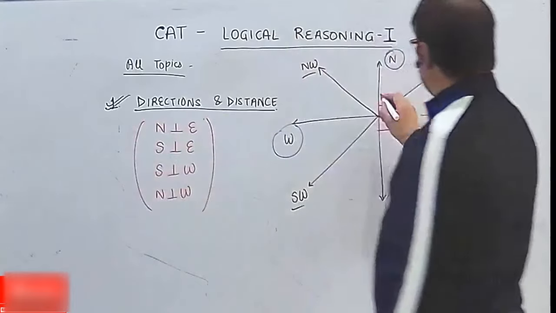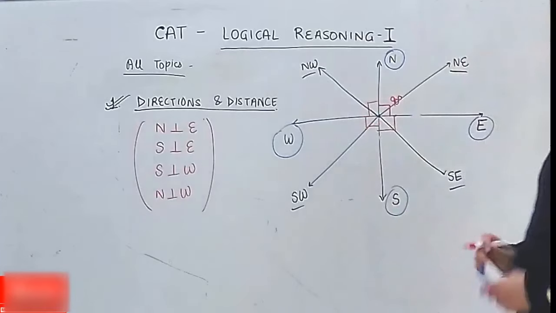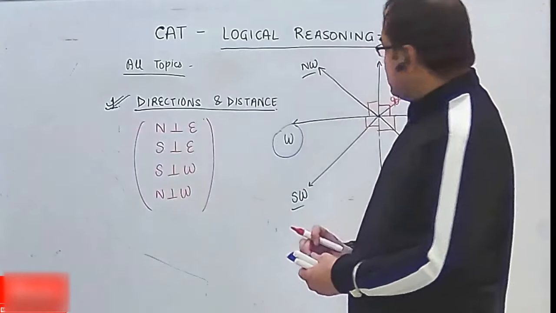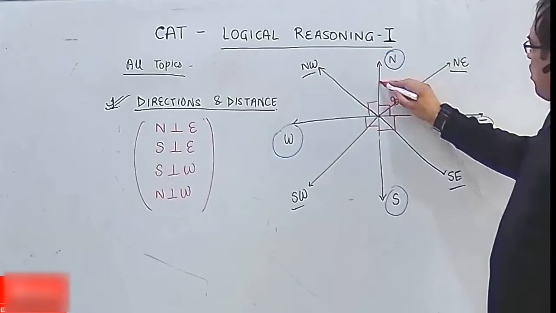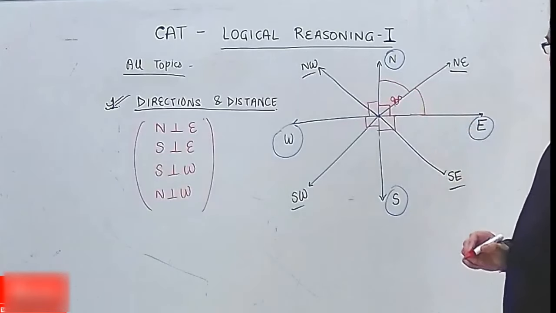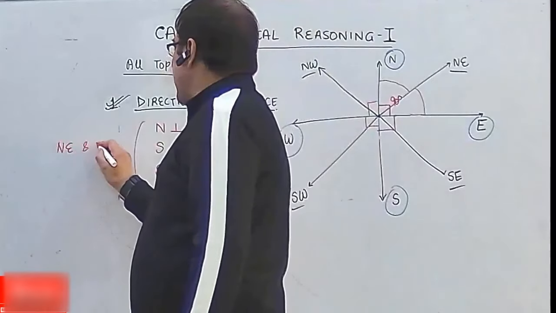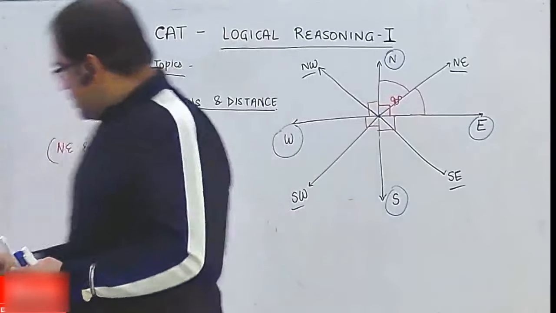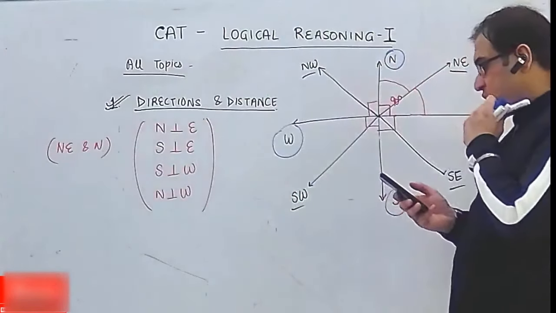So from the graph, we know that these are basically all perpendicular lines. So that means the angles between them are 90 degrees. So what is the angle here and here? What is the angle between the northeast direction and the north direction? Kindly comment in the comment box. What is the angle between northeast and north?